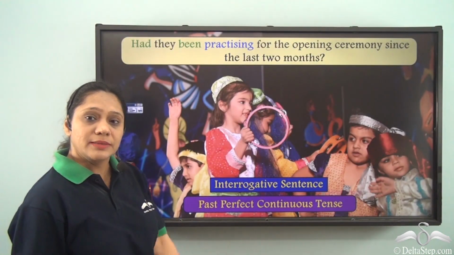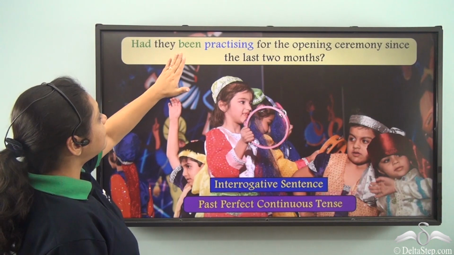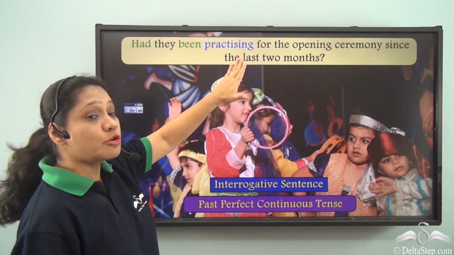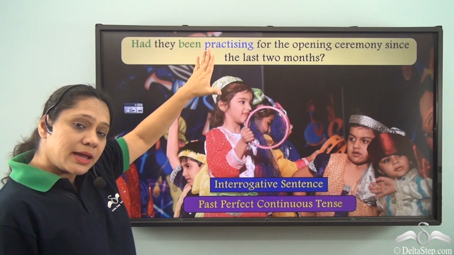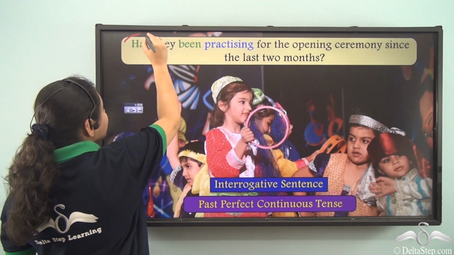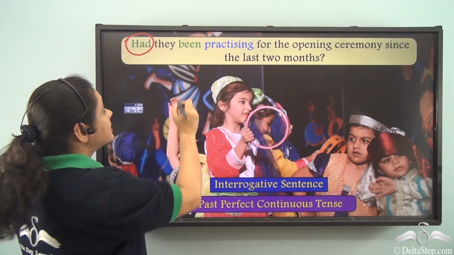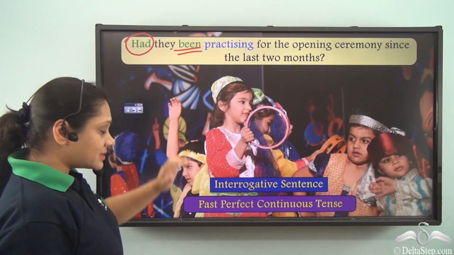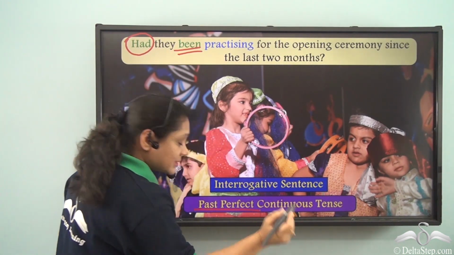Now let us look at this sentence. Had they been practicing for the opening ceremony since the last 2 months? This is an interrogative sentence, and we see that the auxiliary verbs used here are had and been. So had is telling us that this sentence is portraying the past tense.